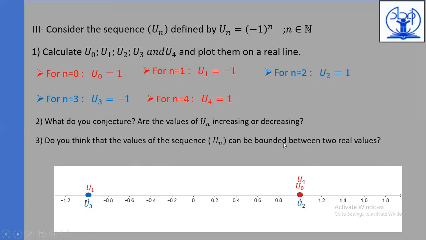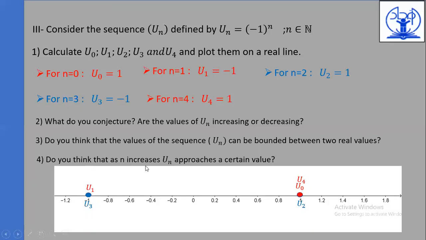Do you think that the values of the sequence un can be bounded between 2 real values? Clearly here, all the values of the sequence can be put in the closed interval [-1, 1]. Again, some other students may say, why not between -2 and 2? It's okay. But I can find 2 real numbers where all the values are inside this interval.